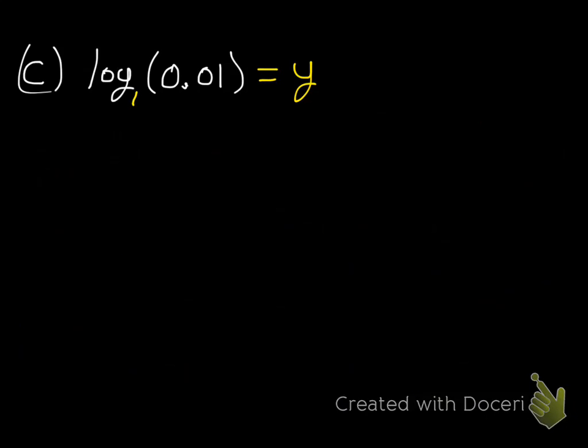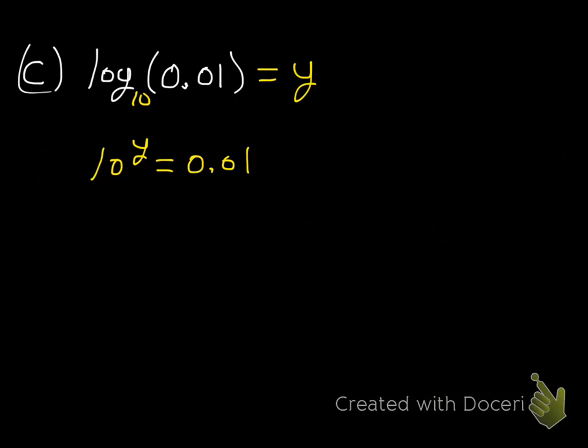Alright, if you want to try this one, you can go ahead. Ignore the yellow ink for a moment. Log of 0.01. Remember I said that log is common log if you just see just log, so that'd be log base 10. So 10 to the y is equal to 0.01, and that is a penny.